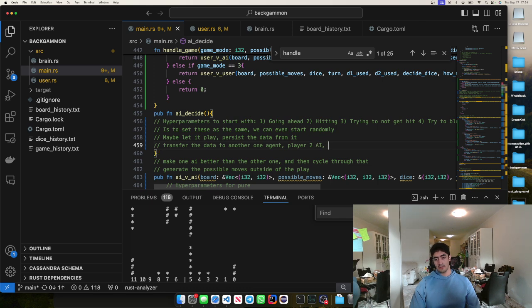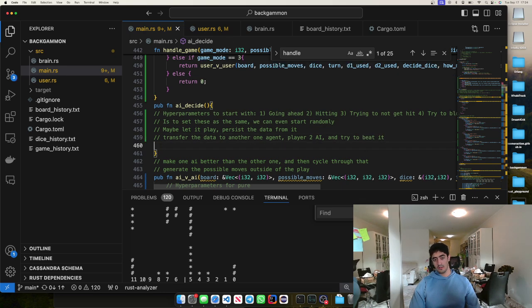Yeah, and try to beat it. This probably will be a little bit stochastic. So we'll see if something works, do more of it. If something doesn't work, do less of it. Just keep trying. Try to beat the randomness with some stochastic process.